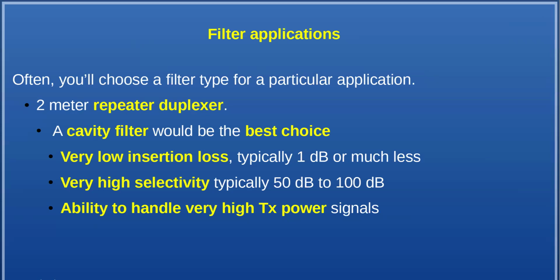They're very low insertion loss, which is one of the things you care about in the filter, is how much signal loss you have going through the filter, even in the passband. Very high selectivity, upwards of 100 dB.